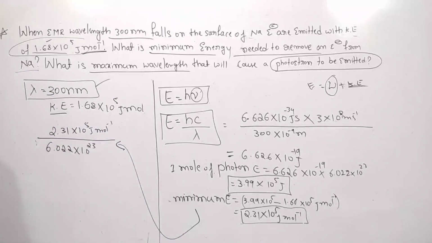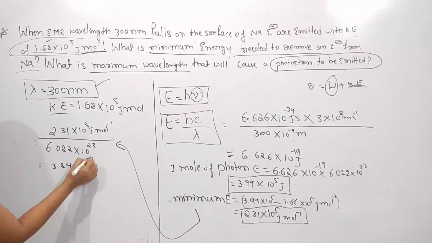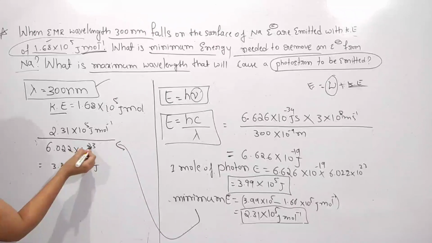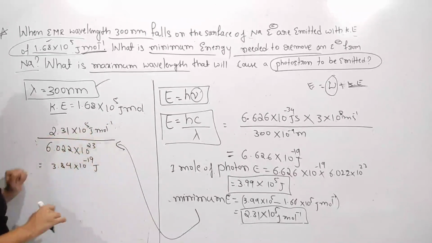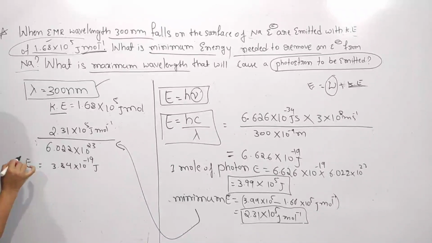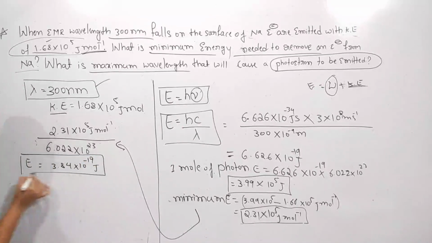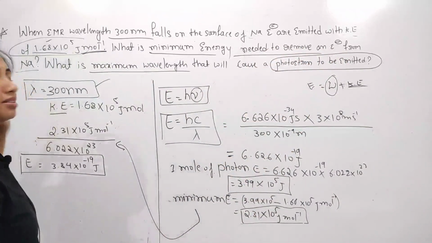Then what will be the answer here? 3.84 × 10^-19 joule, because 10^23 goes to the denominator, so 10^-23 times 10^5 is 10^-19, giving 3.84. So this is the minimum energy required to remove an electron from the sodium.